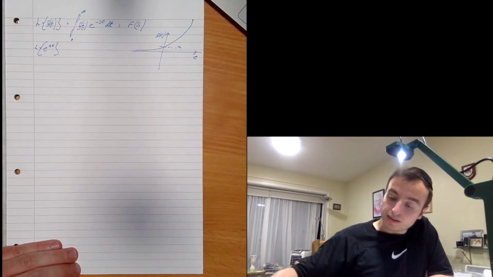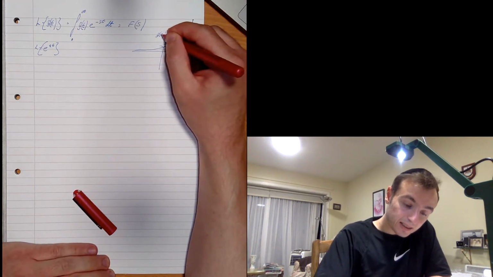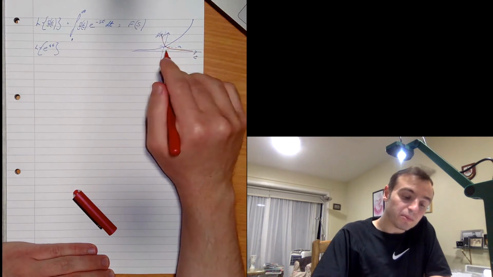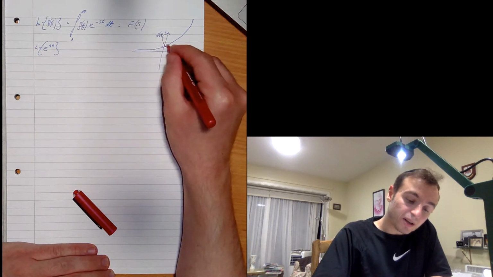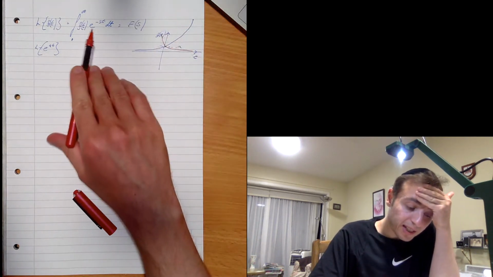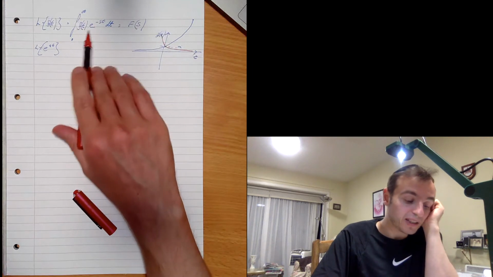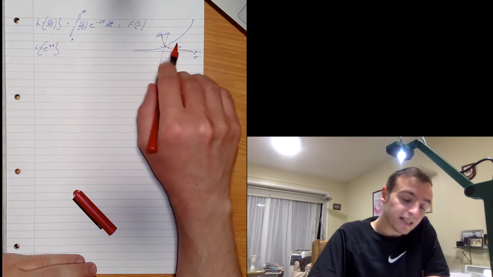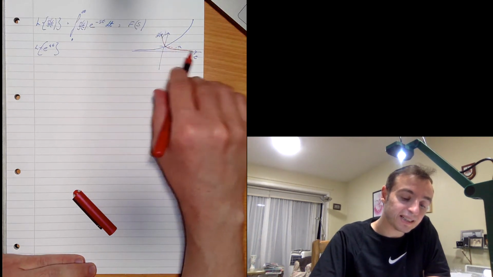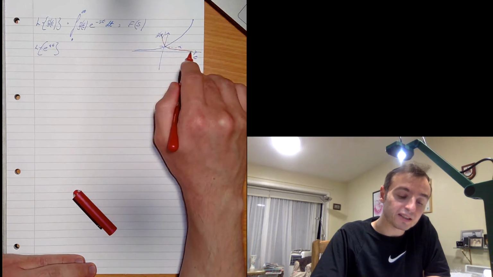And e to the minus st is going to look something like this, passing through s, wherever that is as well. Now, do you remember what we said before was that the condition for evaluating this integral is that the product of the function and e to the minus st is such that when t tends to infinity, the product of these two functions tends to 0.